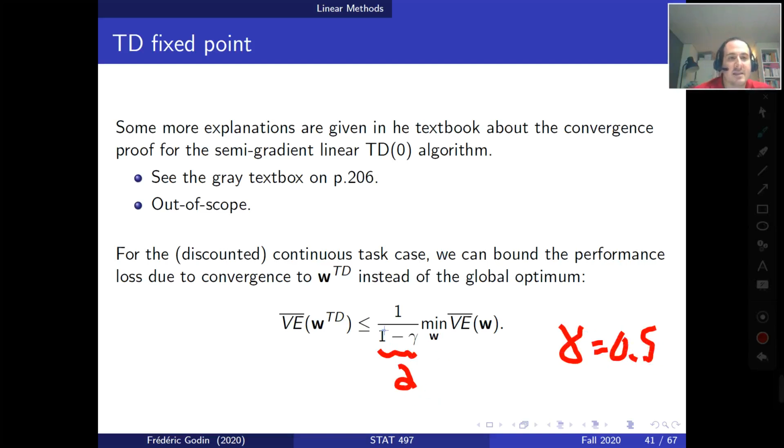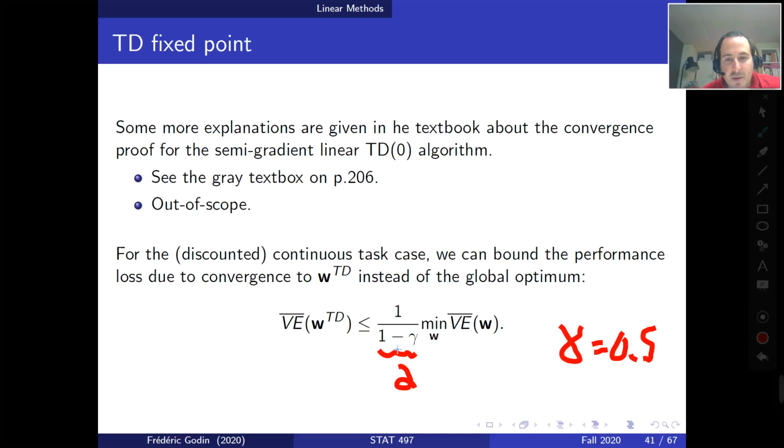And this guarantees that at the TD fixed point, your mean square error of the value function would be smaller or equal to twice the best possible mean square error you could achieve. So this is great. It bounds the performance loss due to converging to the TD fixed point instead of the true global minimum.